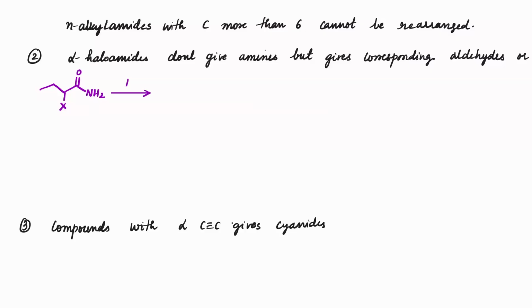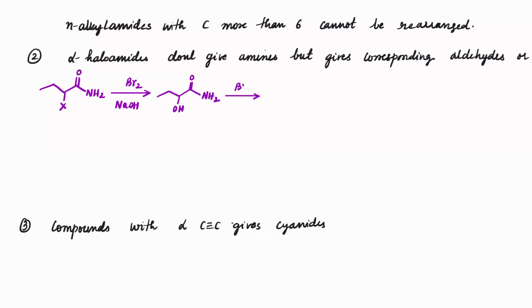When you react this with Br2 and NaOH, we know that first we will get OH minus replacing the halogen by SN2 substitution.